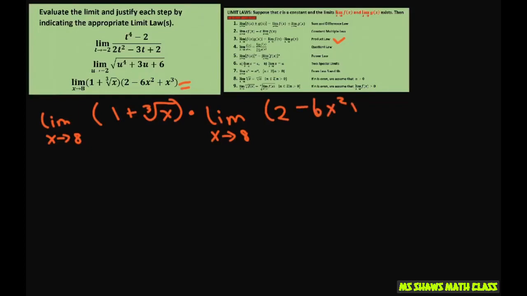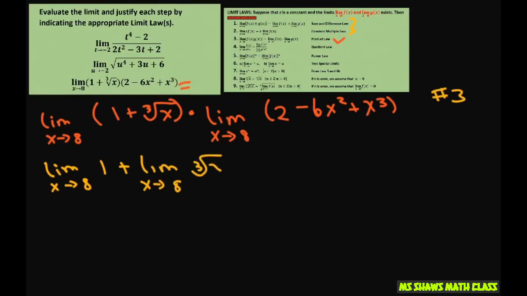Now what we're going to do is go ahead and use our number 1 and 2 together. So this one was number 3 we used. So now let's use 1 and 2 and split all this up. So you have the limit as x approaches 8 of 1 plus the limit as x approaches 8 of cube root x.